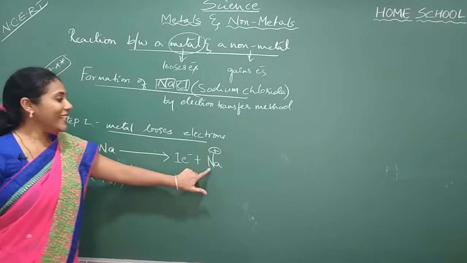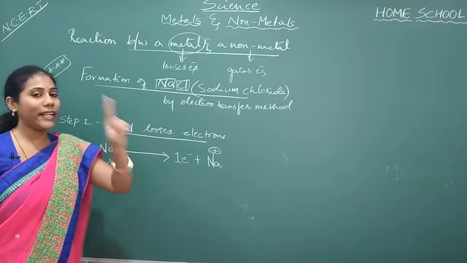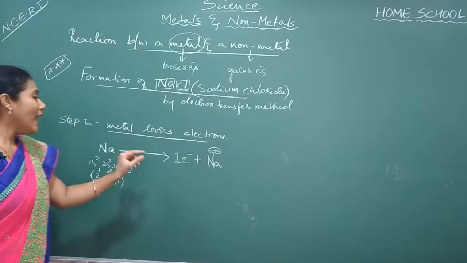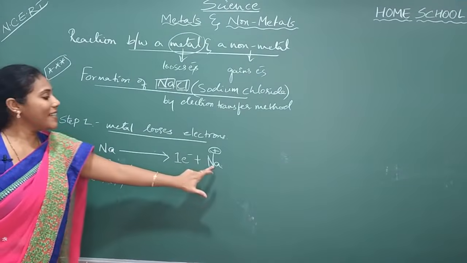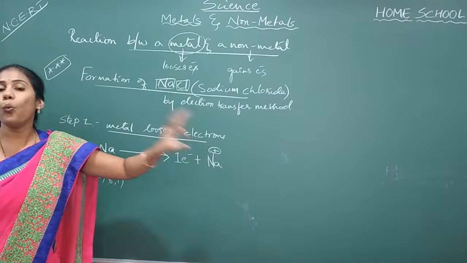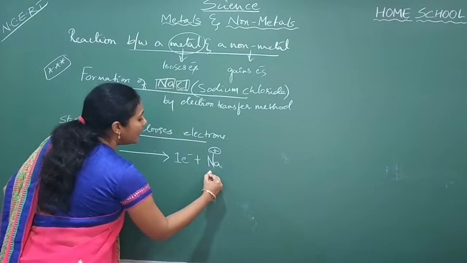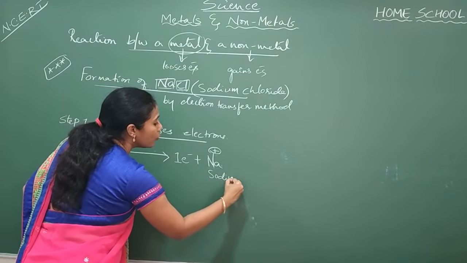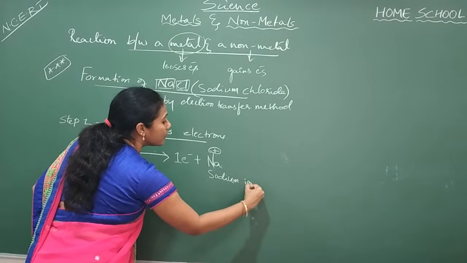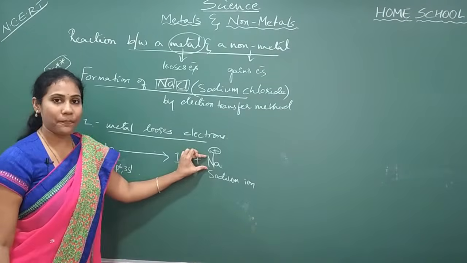Na plus means the sodium has lost 1 electron. This is called the sodium ion. What do you call it? Sodium ion. There is a difference between Na and Na plus.